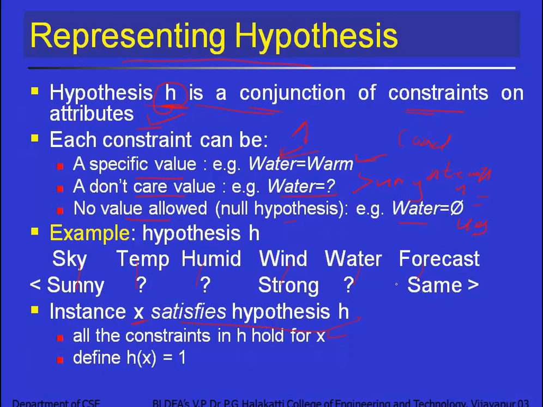So these are specific values. For temperature, it can take any value. Instance X satisfies hypothesis H. This is a hypothesis H. If instance X satisfies hypothesis H, then all the constraints in H hold for X. All the constraints means sky must be equal to sunny, temperature can take any value, humidity can take any value, wind must be equal to strong, water can take any value, forecast must be same.